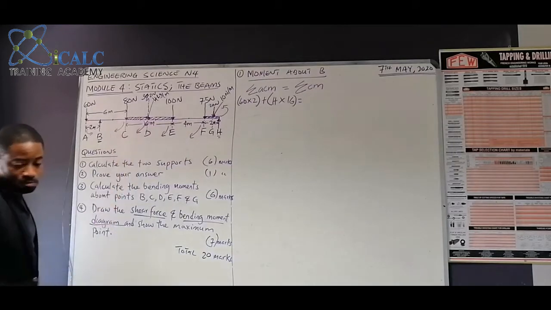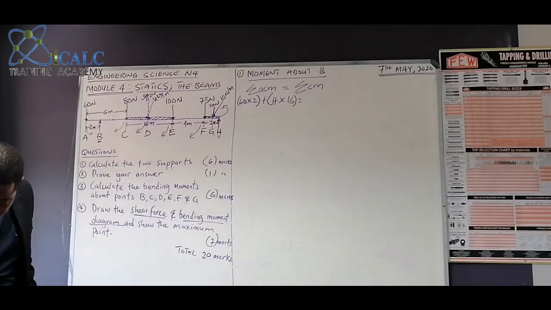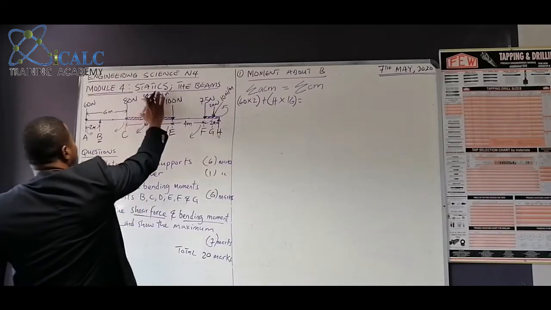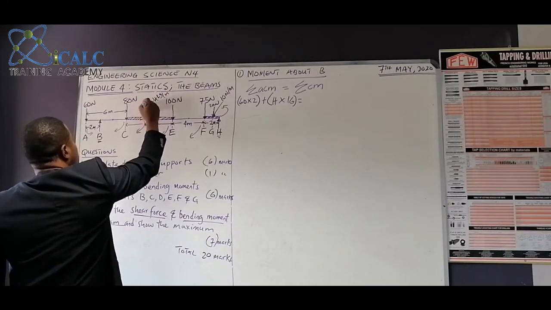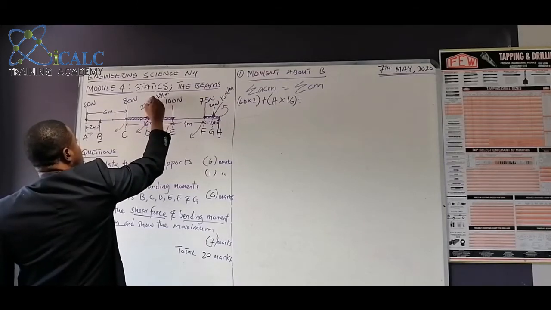And we say 39.2 multiplied by 6 will give us 235.2 Newton.